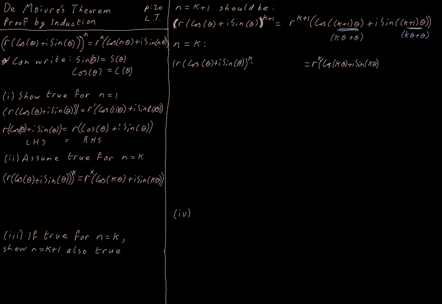Well, I would multiply by 1 of this bracket, cos theta plus i sine theta. So this is to the power of 1. If I multiply these two brackets together, I would have this bracket to the power of k+1.